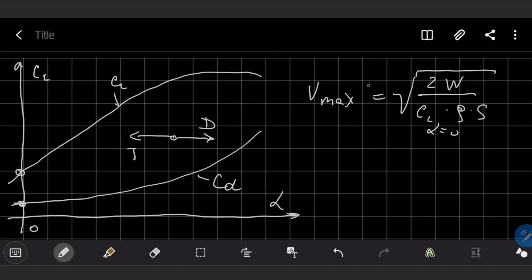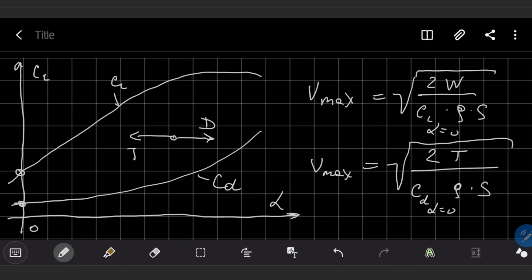And the same way as we wrote this formula for maximum velocity, we can define it from the point of view of the drag and thrust. So I will write that V maximum here would be equal to the square root of 2 times the thrust of the engine divided by CD at alpha 0 and the density and the area.